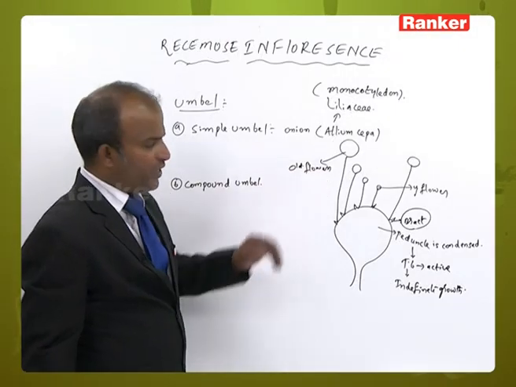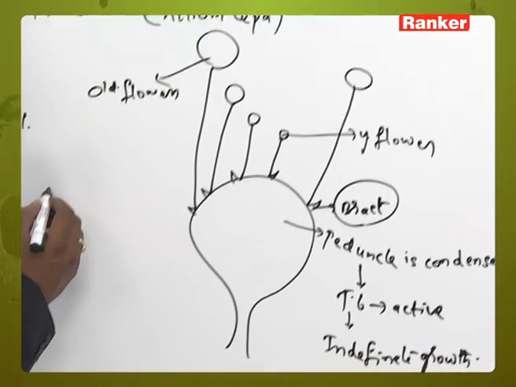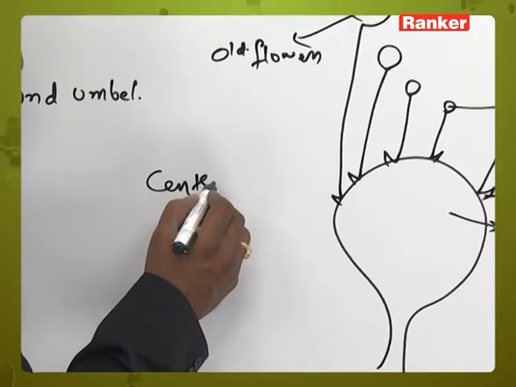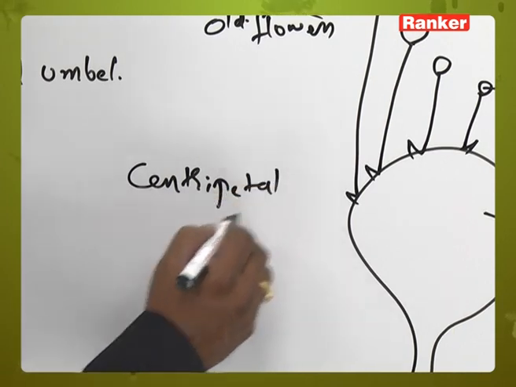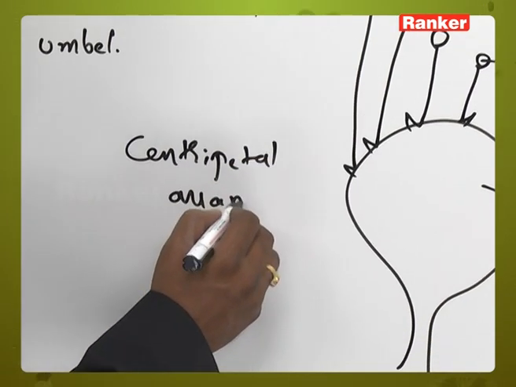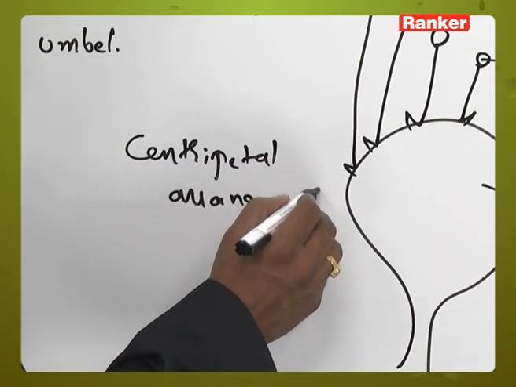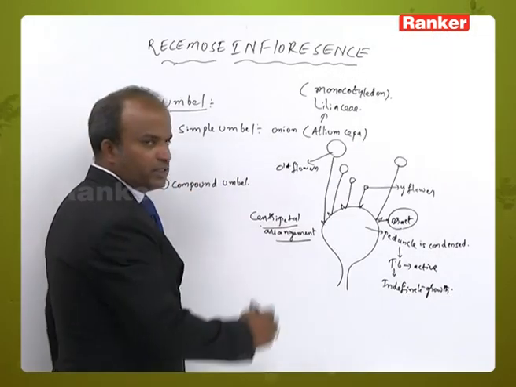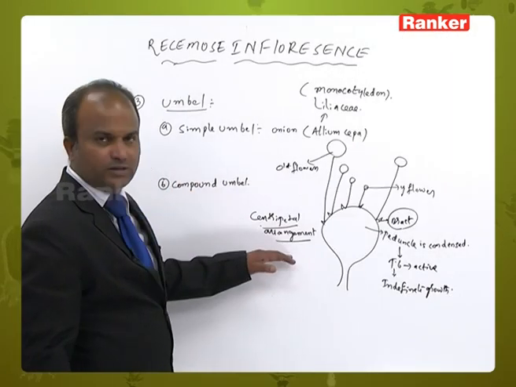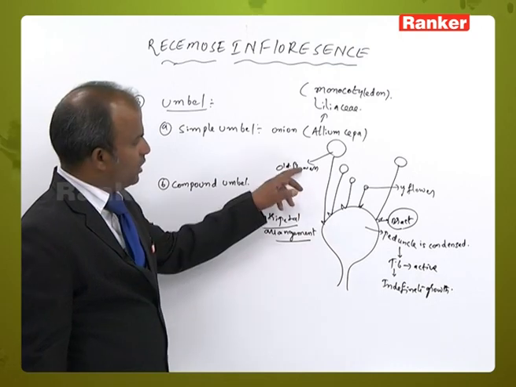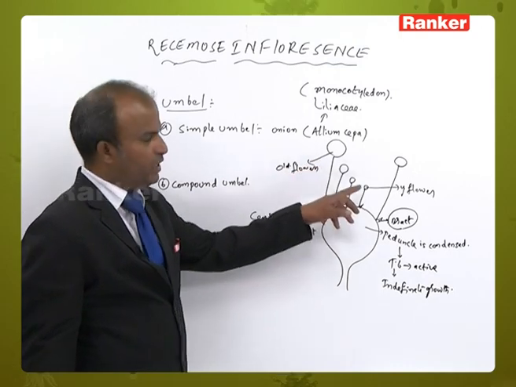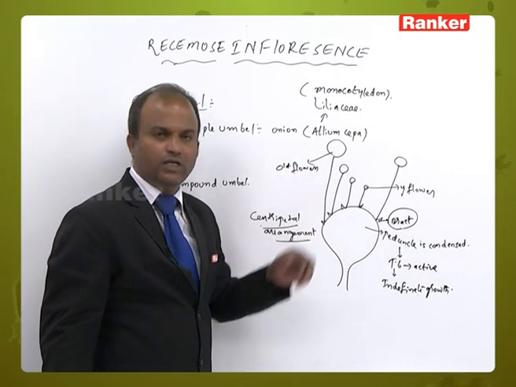So can we call this a centripetal arrangement? Yes, it is a centripetal arrangement. Centripetal arrangement means older flowers are present towards the periphery and younger flowers towards the center.